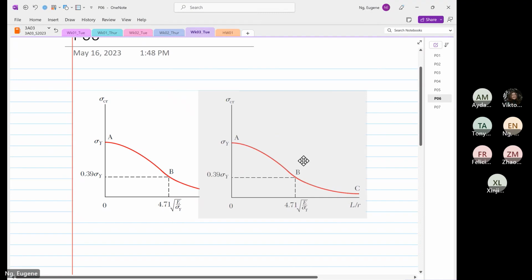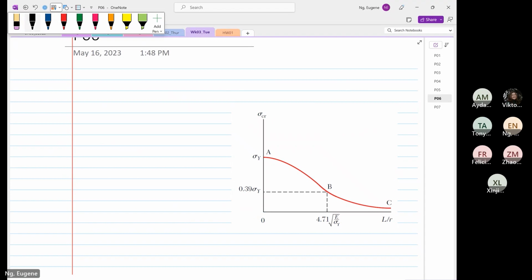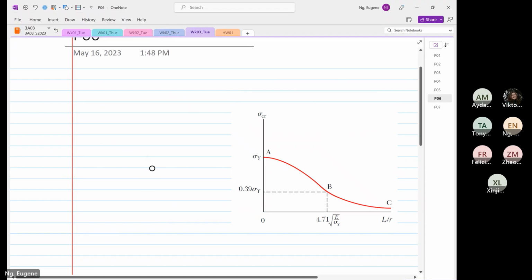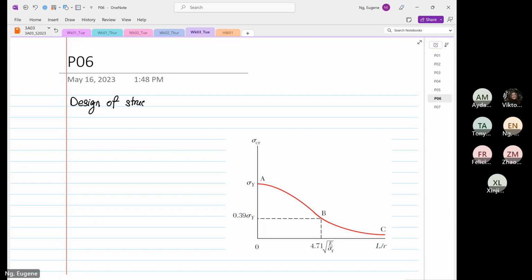So we are going to design structural steel columns under centric loading.